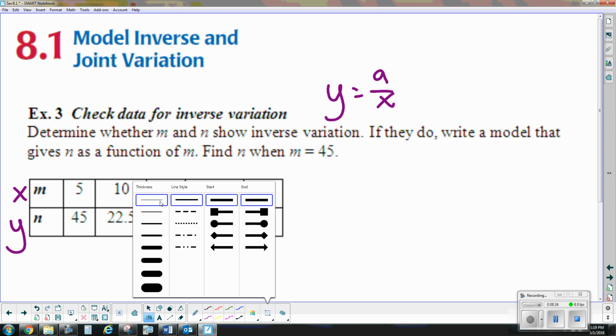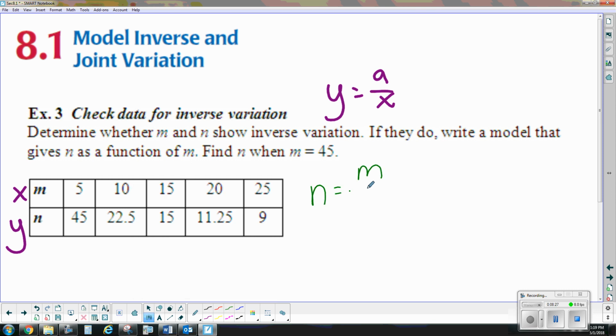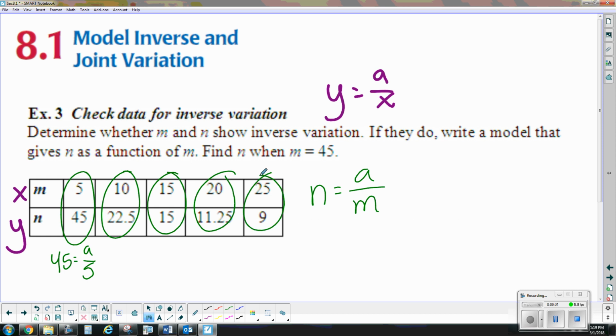So in this example, we have n equals a over m, whatever our constant is. So we need to find our constant. So in this first data set, we'll say 45 equals some constant over 5. Is that the same as this constant and this constant? Is the constant the same for all of these?